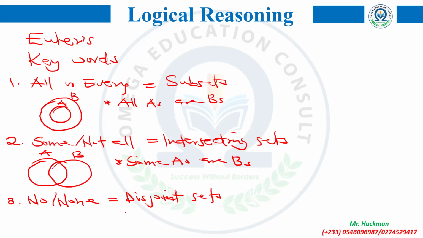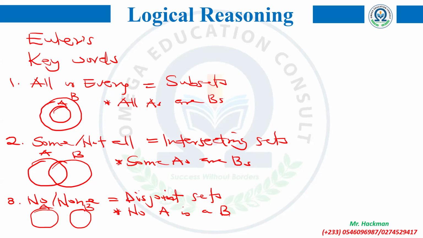So in this case, I can have no A is a B. If this is your A, that is your B, they don't have anything in common. So this becomes your set. Any questions so far? Are you all fine? Yes. Very good.